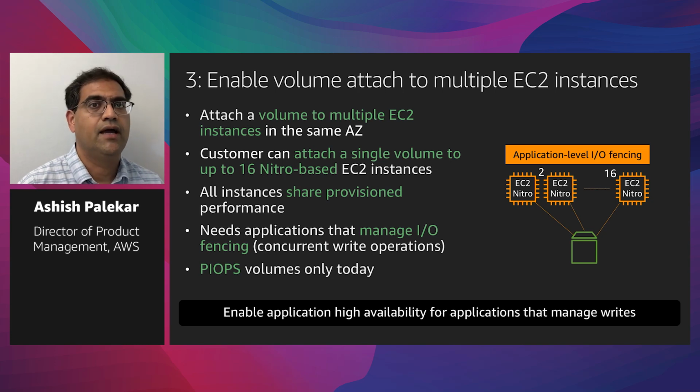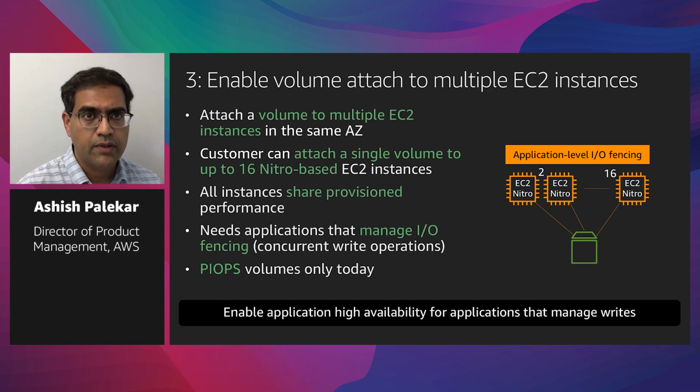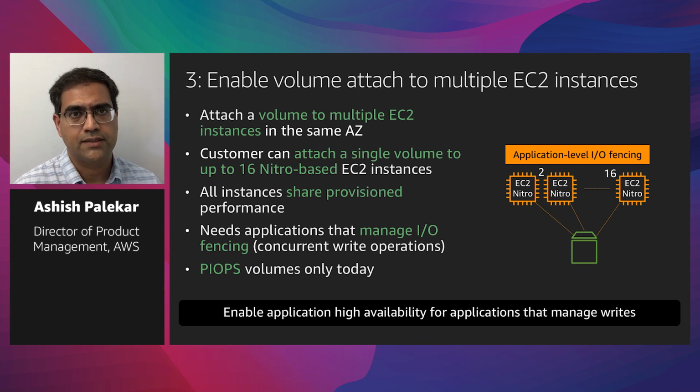So in February, one of the things that we launched is a capability known as multi-attach, which means that a single provisioned IOPS volume can now be attached to up to 16 EC2 Nitro instances within the same AZ. All those attached instances now share the provisioned performance of the volume and therefore can connect to that same volume.